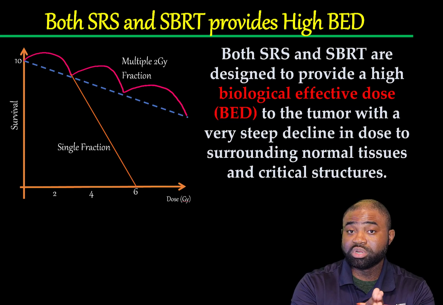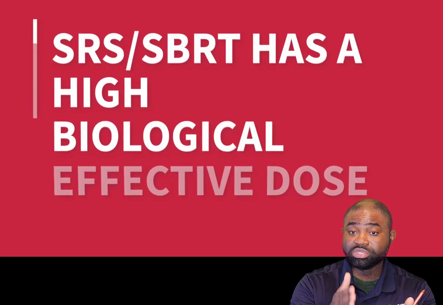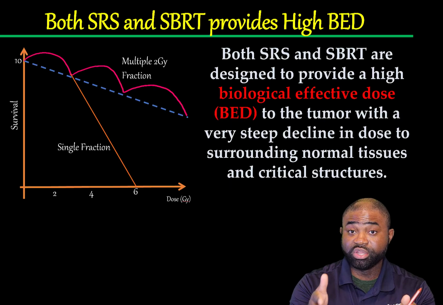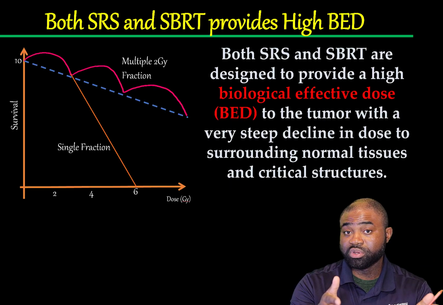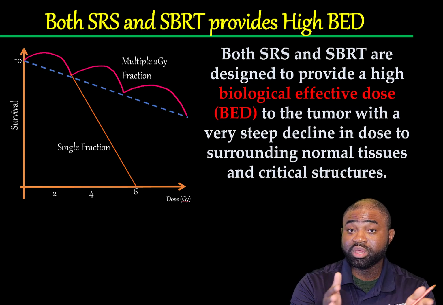In other words, we want to spare the surrounding healthy tissues and critical structures. Which means that both SRS and SBRT are designed to provide a high biological effective dose to the tumor with a very steep decline in dose to the surrounding healthy tissues and critical structures. Unlike SRS, which typically has about a single fraction, SBRT is delivered to extracranial lesions in 1 to 5 fractions.